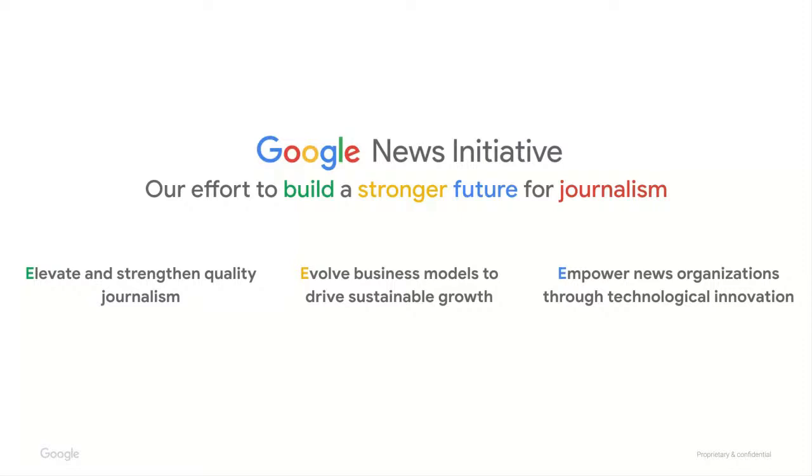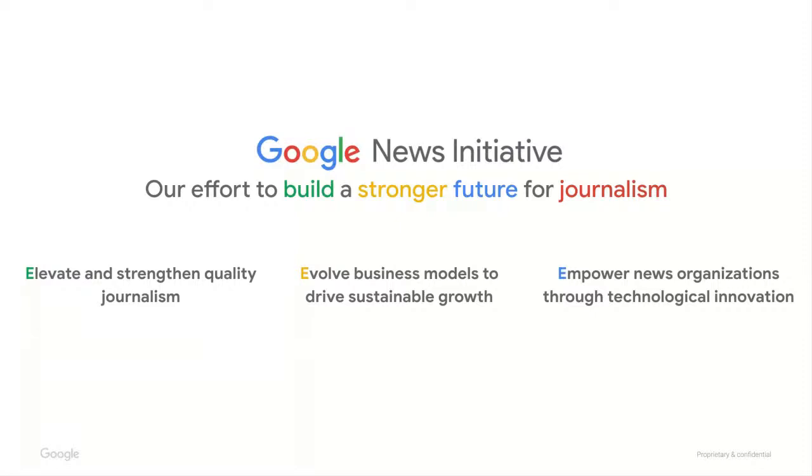And the other pillars, as I've also mentioned with the previous sessions, is to help news organizations evolve their business models and drive sustainable growth. And then finally, we're also empowering news organizations through technological innovations. 2 ways in which we do this. We have a team of developers regularly putting together some of the tools that are available on our platform, g.co/news training.